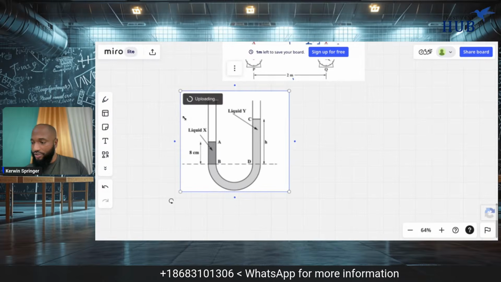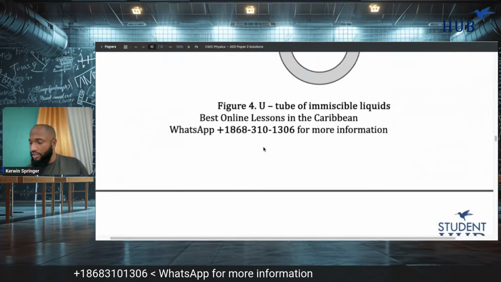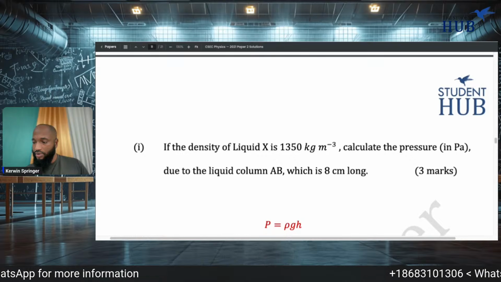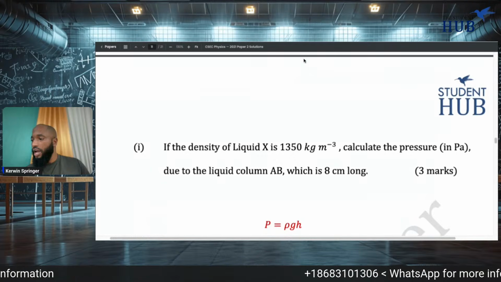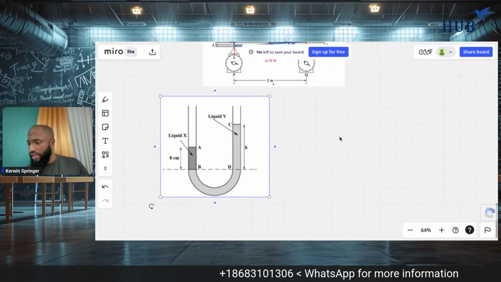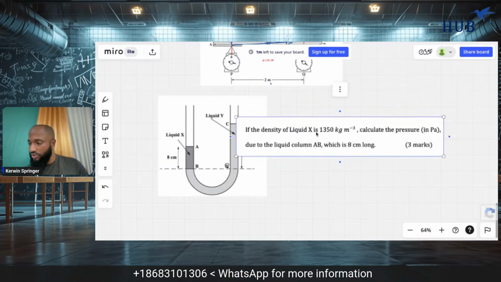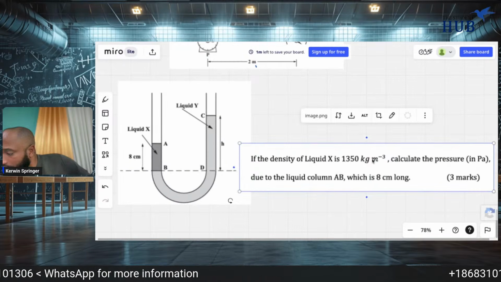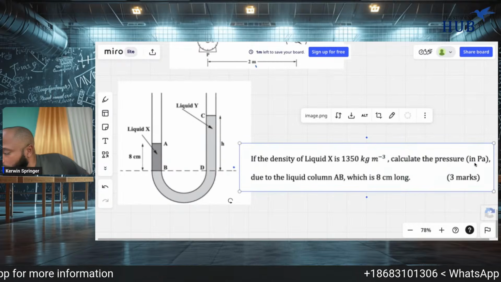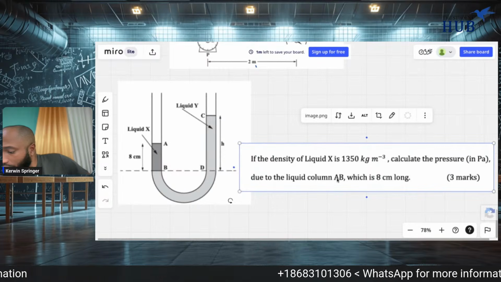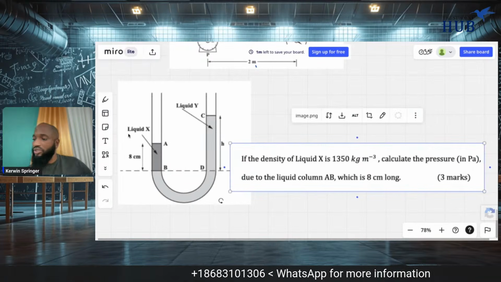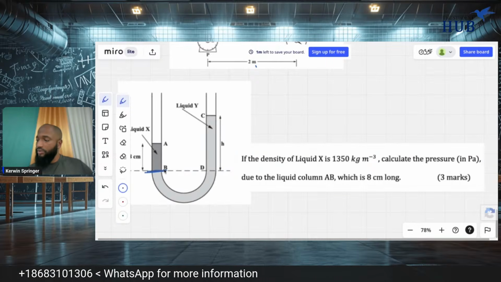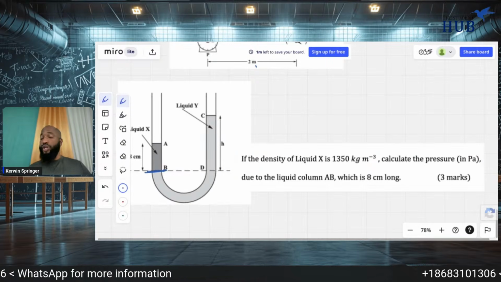So we have this. Then we have this. I think they're asking you something really simple here, it's just looking crazy. If the density of liquid X is this, calculate the pressure in pascals due to the liquid column AB, which is 8 centimeters. All right, so they just want the pressure right here, which is how we work out that pressure.